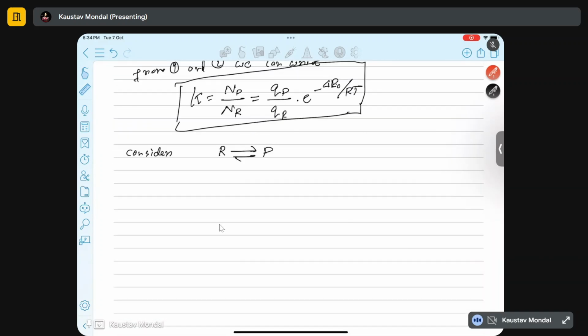So let's suppose the reactant has only a single accessible state. Okay, that means QR is equal to 1.